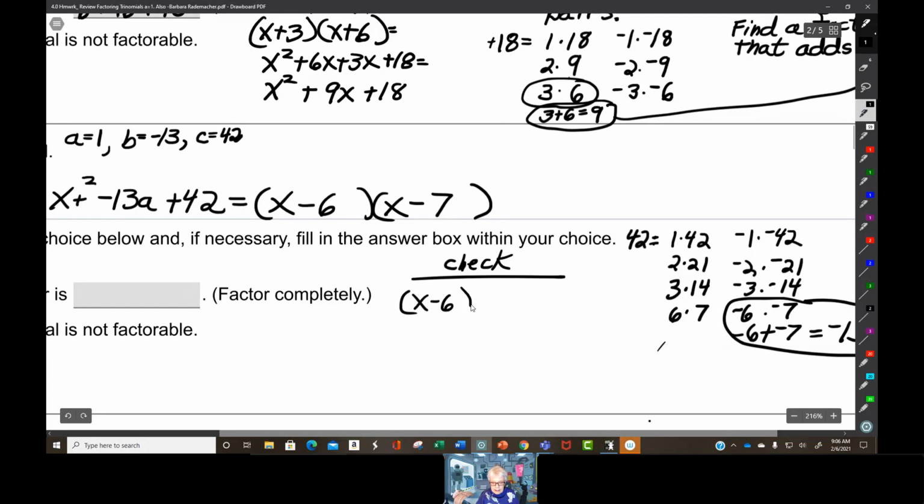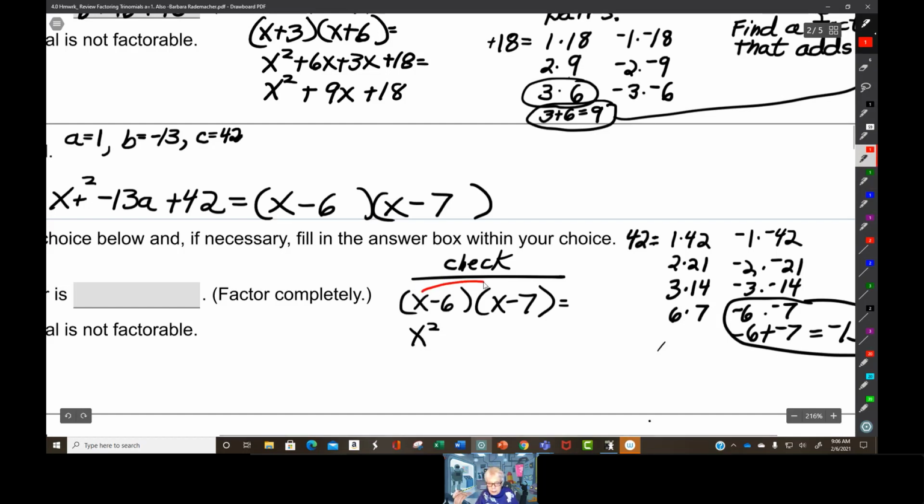X minus 6, X minus 7 is going to equal X squared. Well, here, let me show you with my little arrows here. I take X and multiply it by X. I take X and multiply it by 7. Then I take minus 6 and multiply it by X, and minus 6 and multiply it by negative 7.